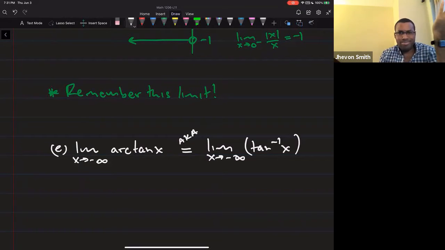Can't plug in. How do you simplify arctangent of x? Like, what does it even mean anyway? Like the inverse of the tangent function. Is there a special technique for this? Like a table of values, how am I going to figure out the table of values for the arctangent?